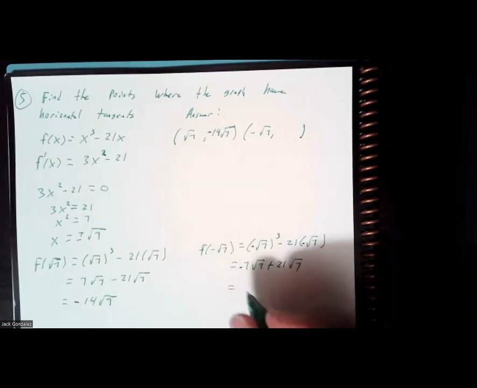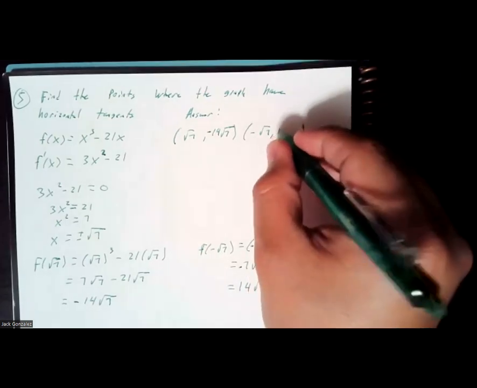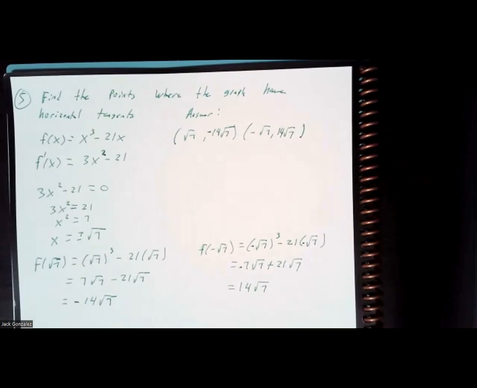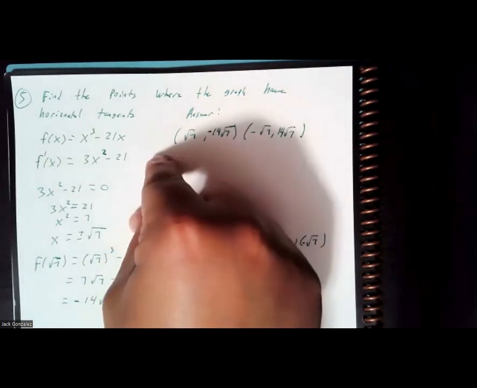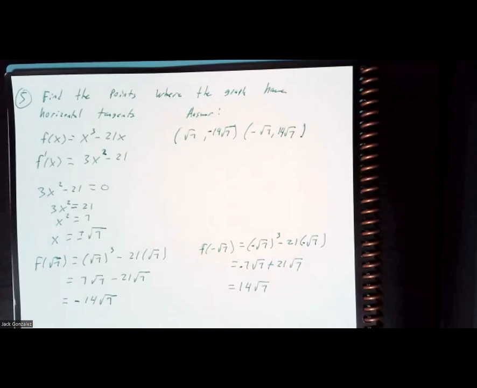So 21 minus 7, that's a positive 14 root 7. Any questions on the algebra, the calculus step, or the algebra part? Nope. So it looks like C is the answer.